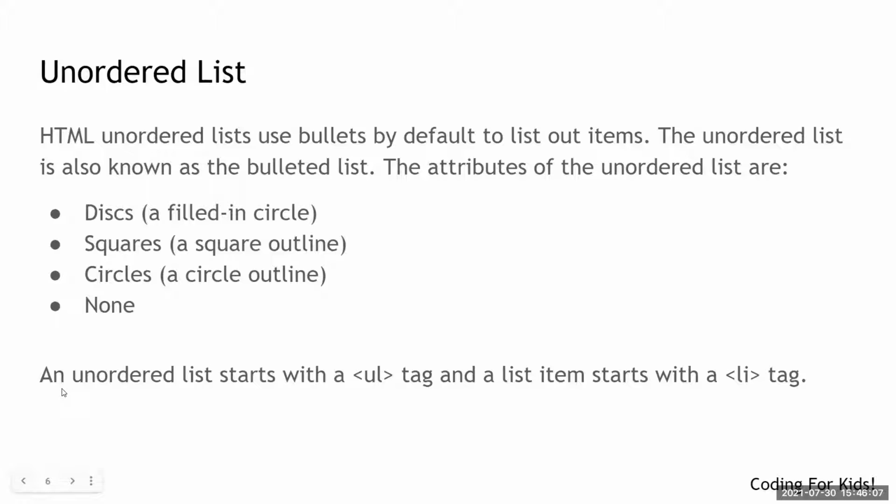An unordered list starts with a UL tag, and the list item starts with the LI tag. The unordered list and the ordered list have one thing in common: they both use the LI tag. Instead of OL, which stands for ordered list, the unordered list uses UL, which is unordered list. And LI stands for list item.